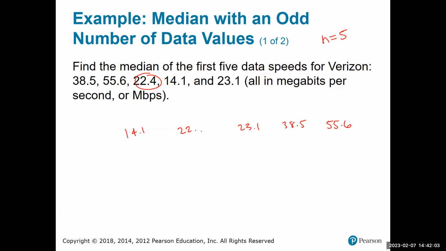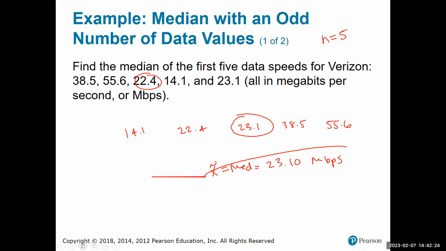And so the number that comes in the middle is our median. So x tilde, the median, is in this case 23.1. We really should go out to 2 decimal places, 23.10 Mbps. That is your median value.